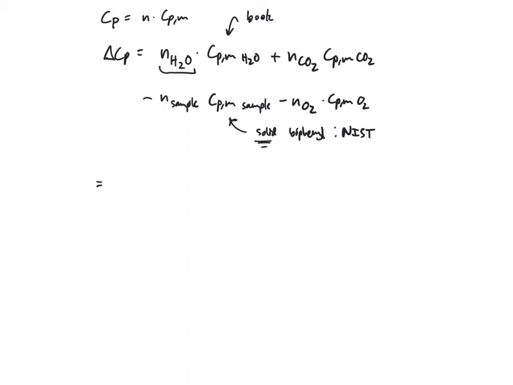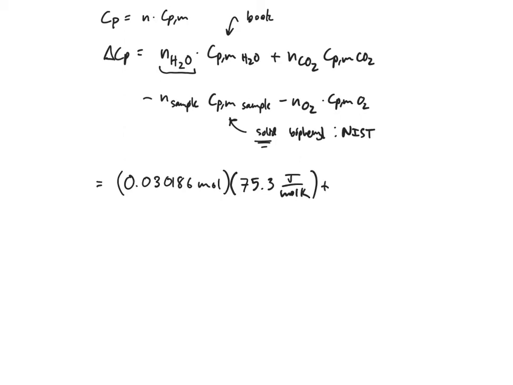Okay, so let's actually fill out these values. I calculated 0.030186 moles to be the number of moles of H2O that was produced in the reaction. And in the back of the book it tells me that the molar heat capacity of H2O is 75.3 joules per mole Kelvin.